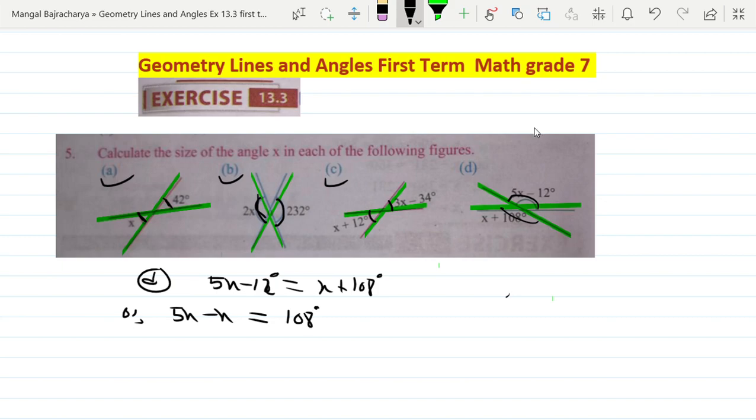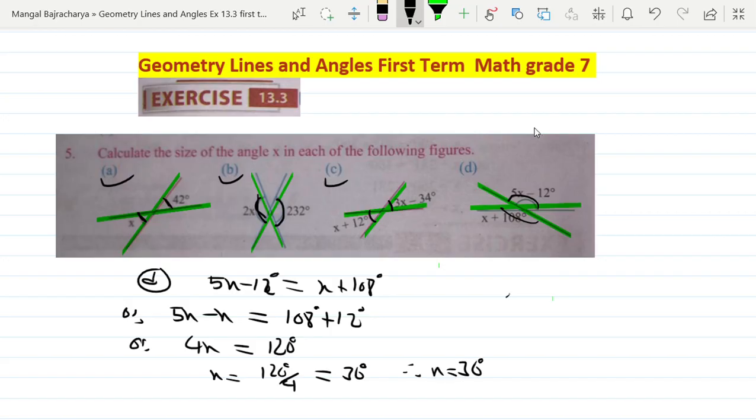Let's send this minus 12 from left to right, so you get 108 plus 12 degrees. Subtract x from 5x and you get 4x, and 108 plus 12 gives 120 degrees. So x equals 120 by 4, which gives 30 degrees. So the value of x is 30 degrees.